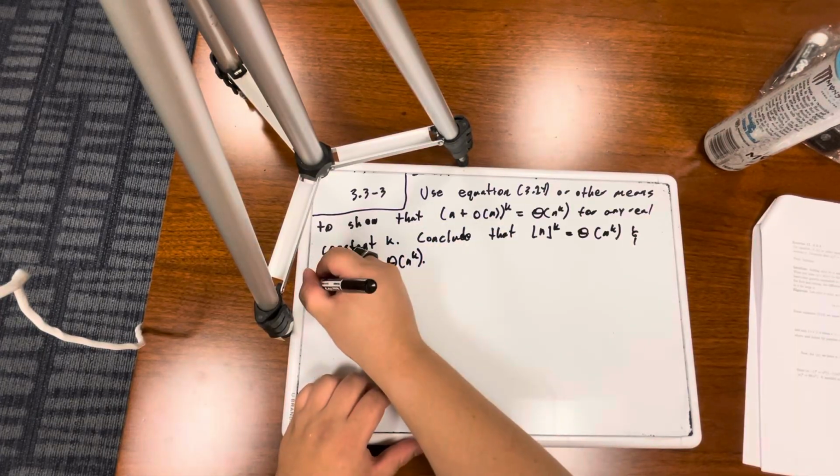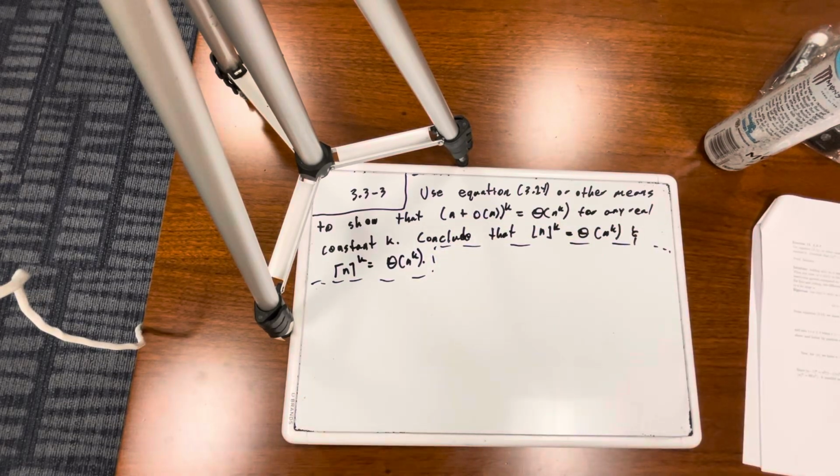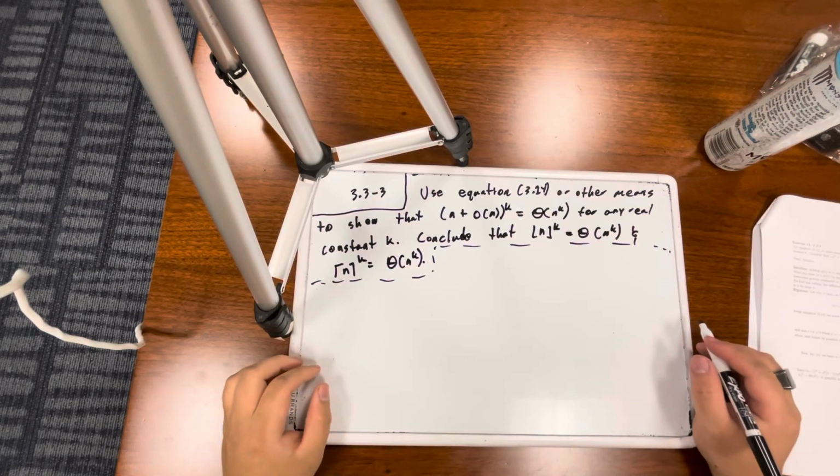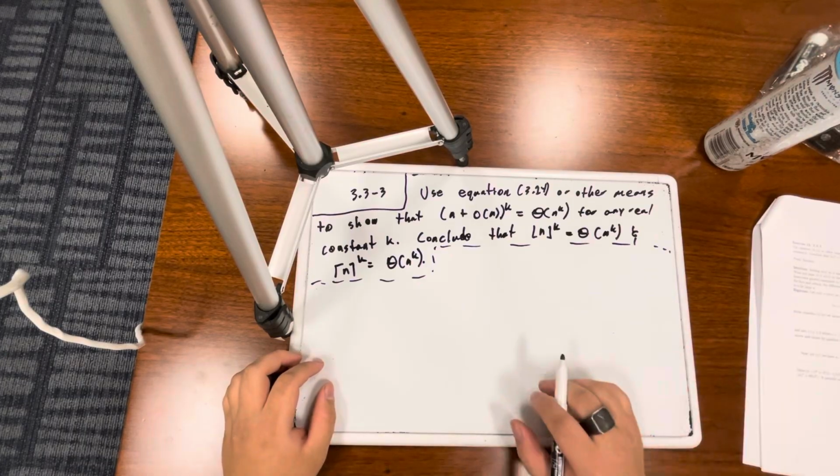So as I said earlier, which I'll say now, intuitively speaking, adding little o of n to n means adding something much smaller than n itself.